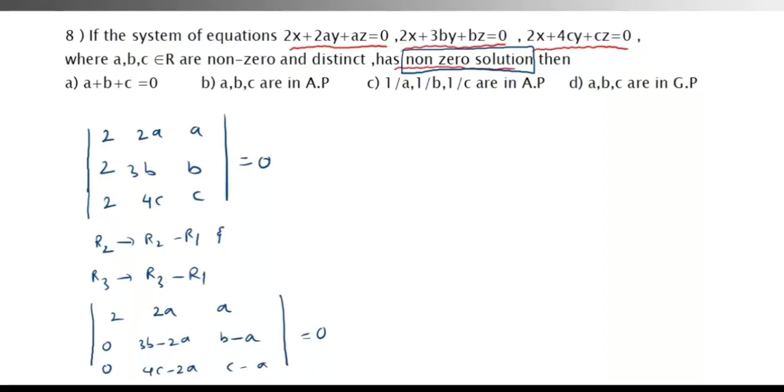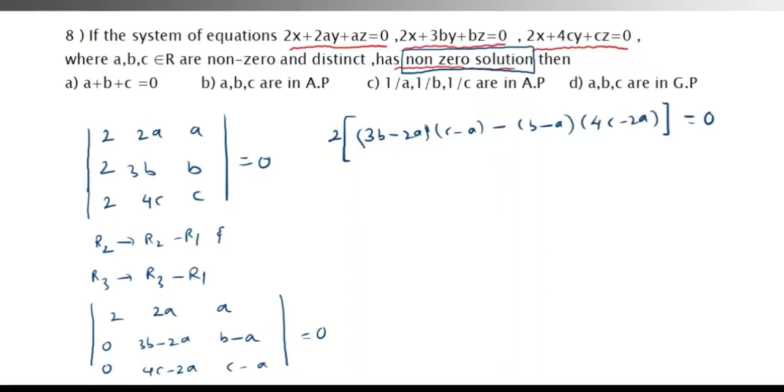Correct? Now expand the determinant based on column 1. You will get 2 times of (3b minus 2a) into (c minus a) minus (b minus a) into (4c minus 2a) is equal to 0.